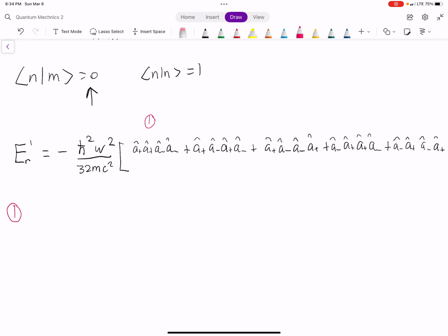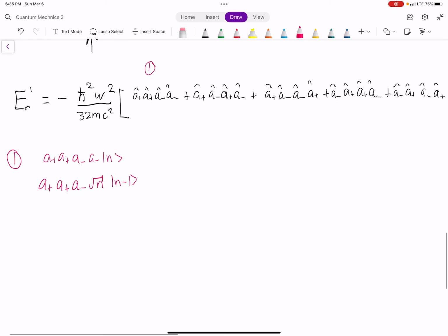So for 1, we have A plus, A plus, A minus, and then the minus operating on n. So it'll be A plus, A plus, A minus, the square root of n, n minus 1. And then we're going to have another lowering operator acting on this. So we're going to get A plus, square root of n still.